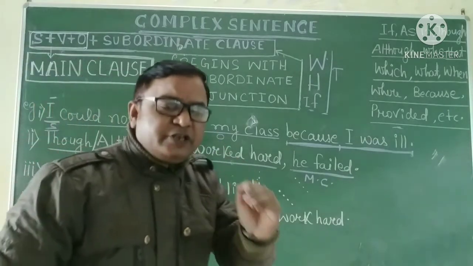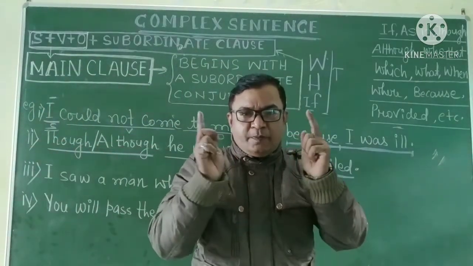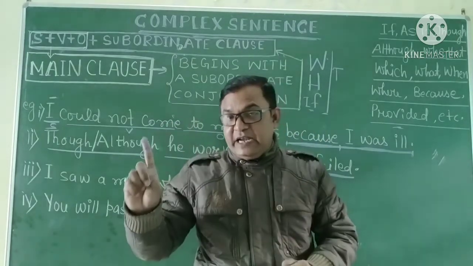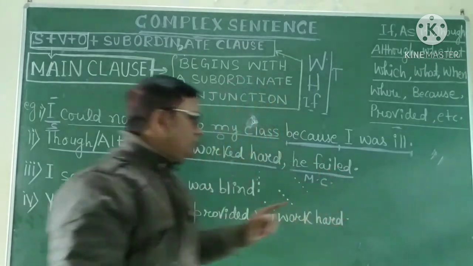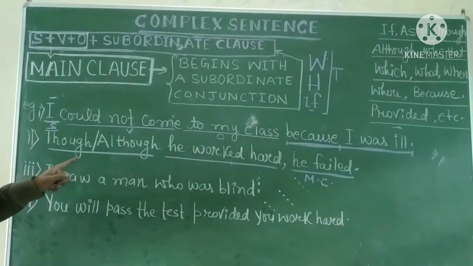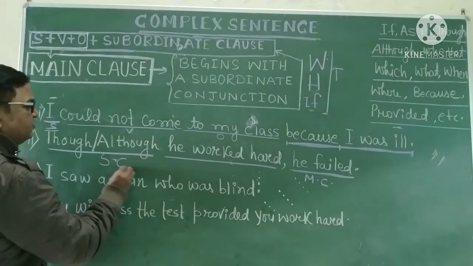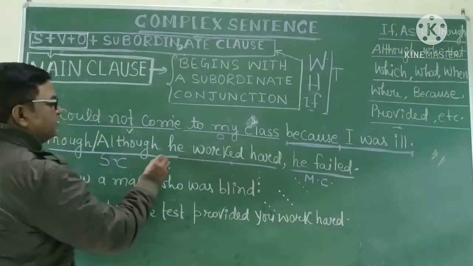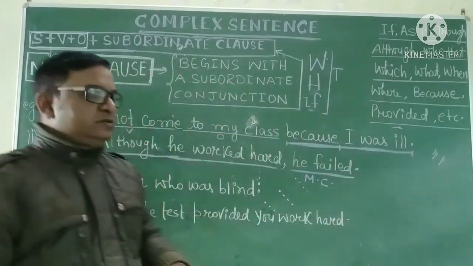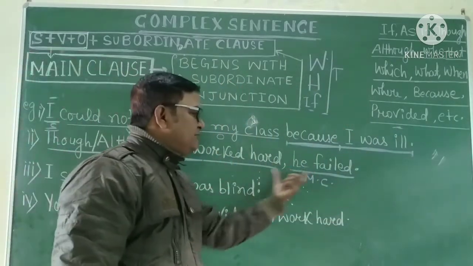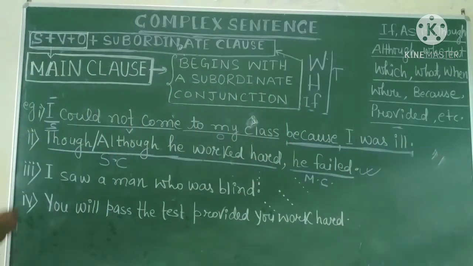I have already told you children that a complex sentence is the combination of one main clause and one subordinate clause. Though he worked hard is your subordinate clause and he failed is your main clause. All comprised together, it becomes a complex sentence.